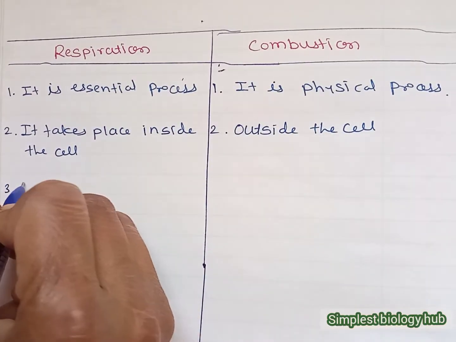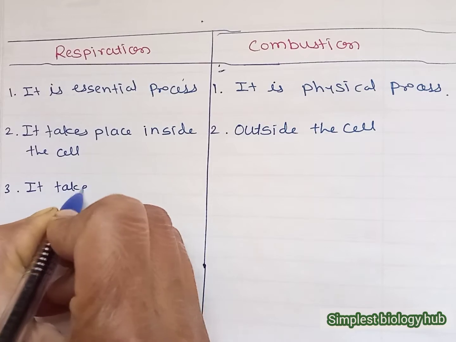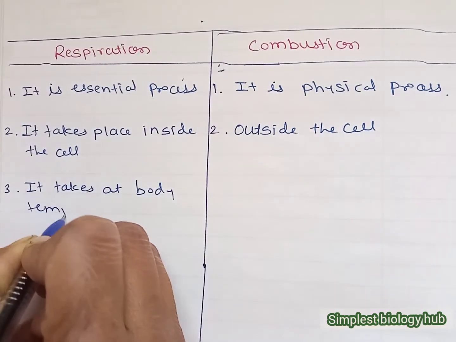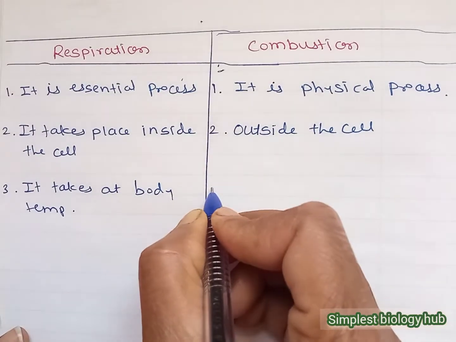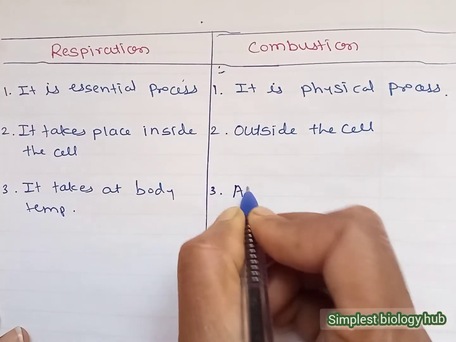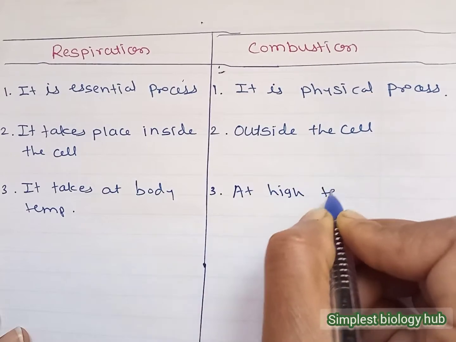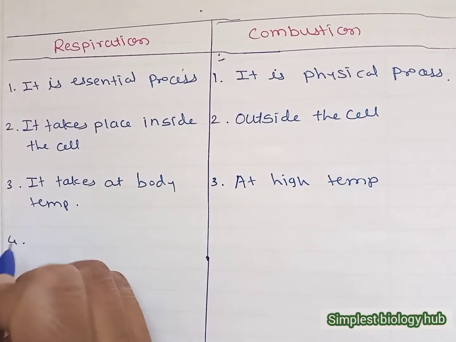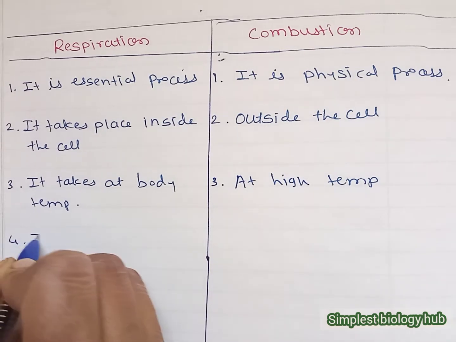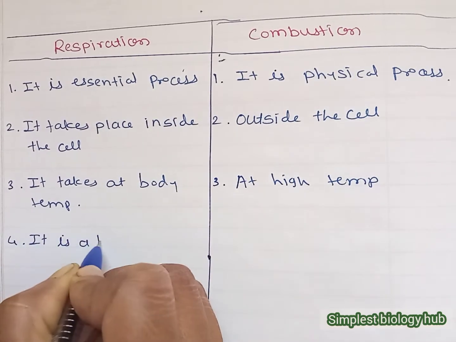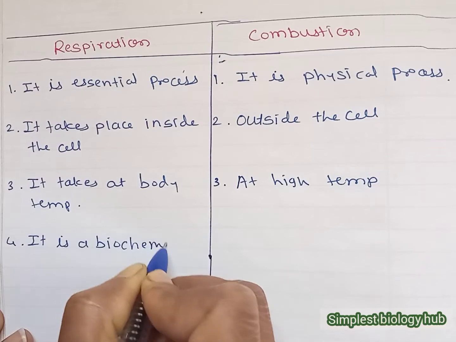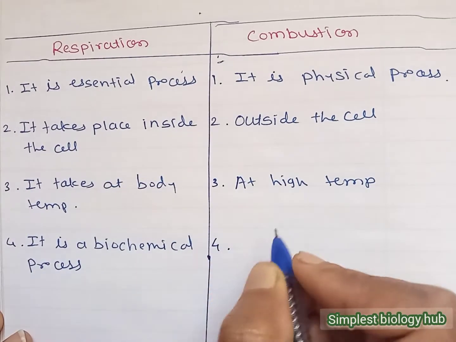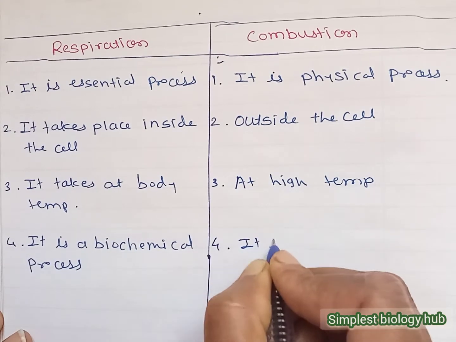Respiration takes place at body temperature, while combustion takes place at high temperature. It means high temperature is required for the process of combustion. The next one, respiration is a biochemical process, while combustion is a physiochemical process.